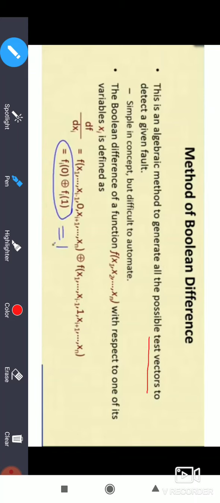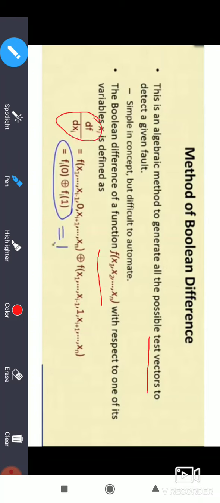Simple in concept but difficult to automate. The Boolean difference of a function f having n variables, with respect to one of its variables xi, where i runs from 1 to n, is denoted by the derivative df by dxi.